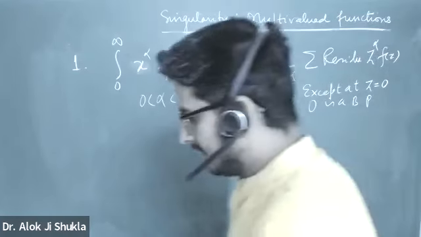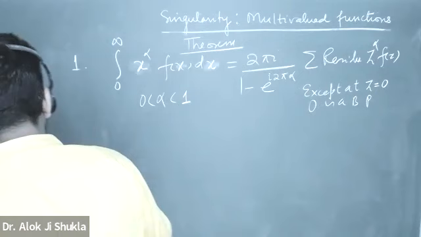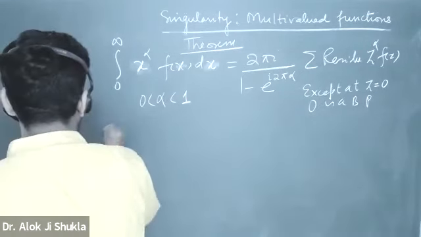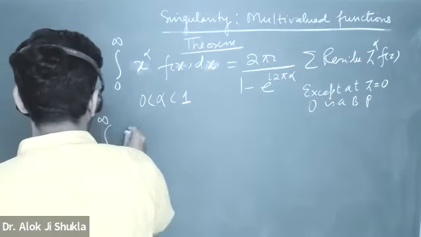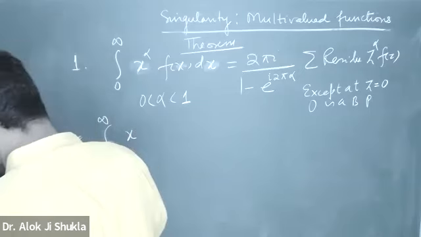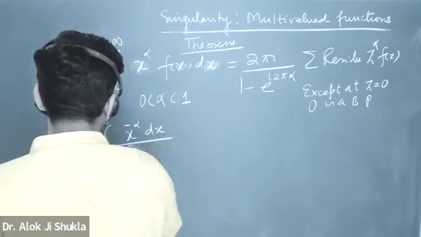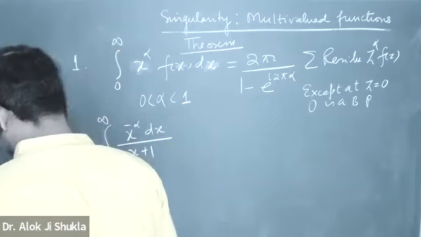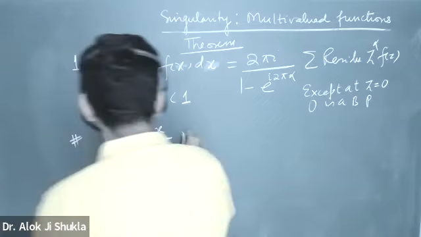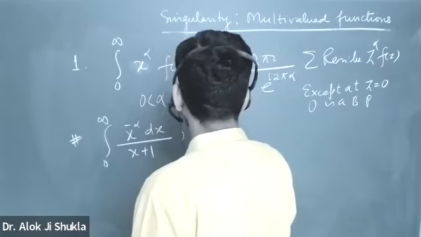So let us understand this with an example. Suppose somebody says you to find this integral of x to the power minus alpha dx upon x plus 1, and the value of alpha is between 0 and 1.